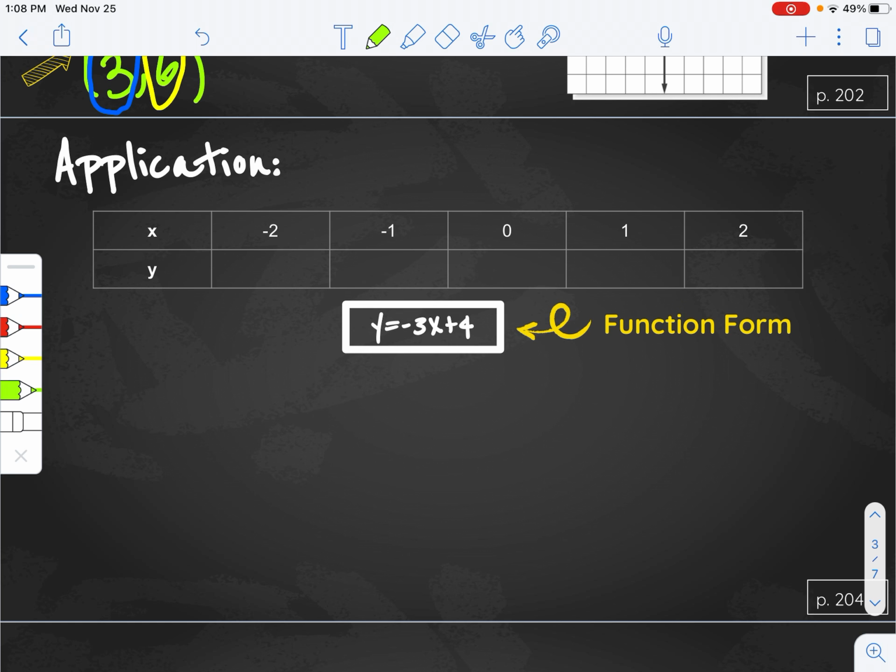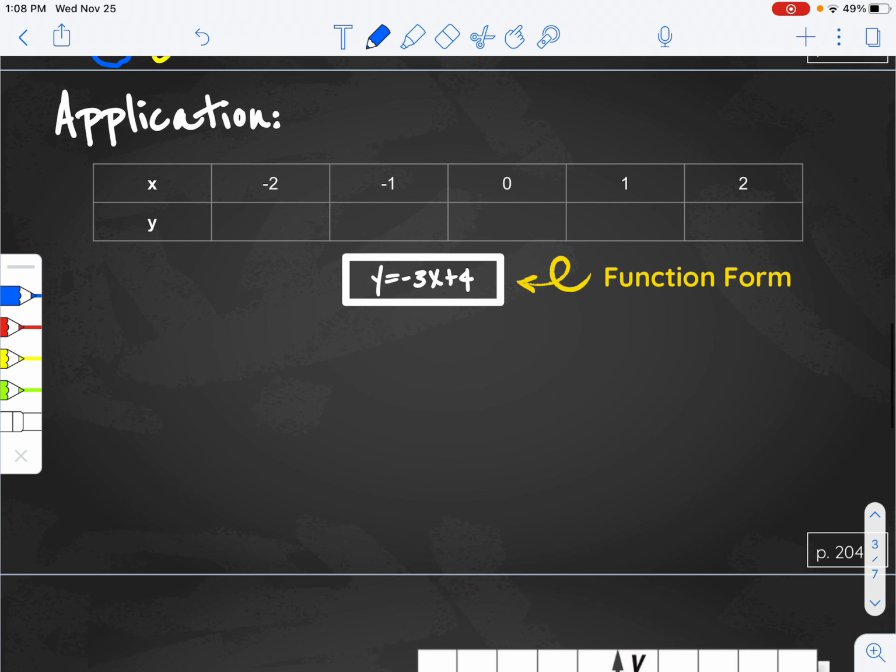So let's take a look at this a little bit deeper. Remember, our x is our input, our y is our output, also known as our domain and our range.